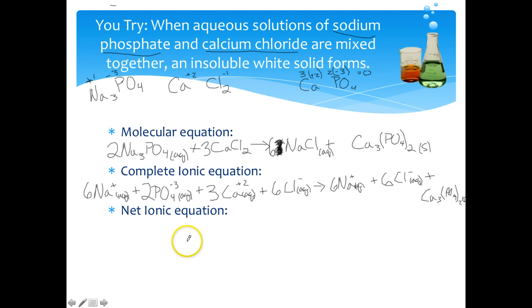And lastly, we have our net ionic equation. So, what things participate in the forming of the calcium phosphate? Well, phosphate does.